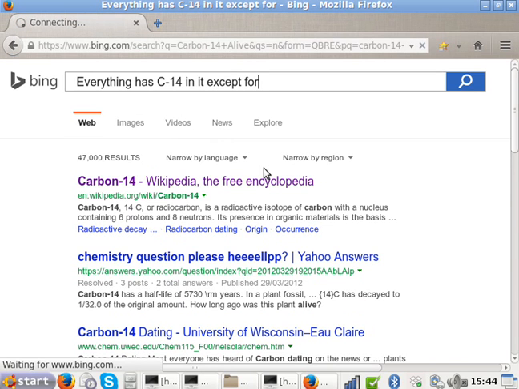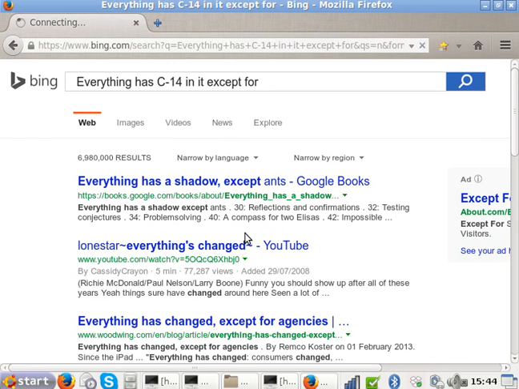No, I can't find anything. So I'd say everything that's alive has carbon-14 in it.